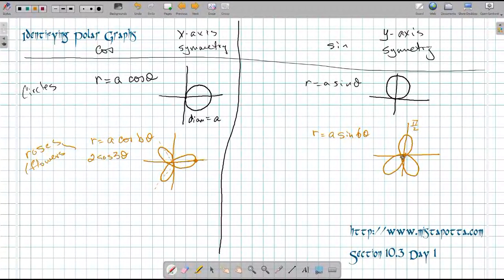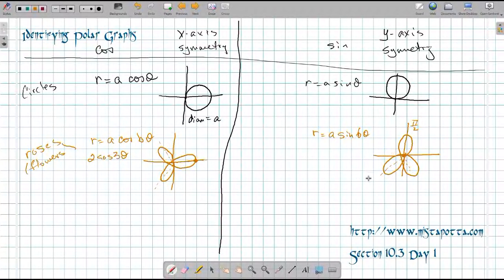But I'm also going to have the symmetry here and here. These are also at 120 degrees because of the way this petal is.